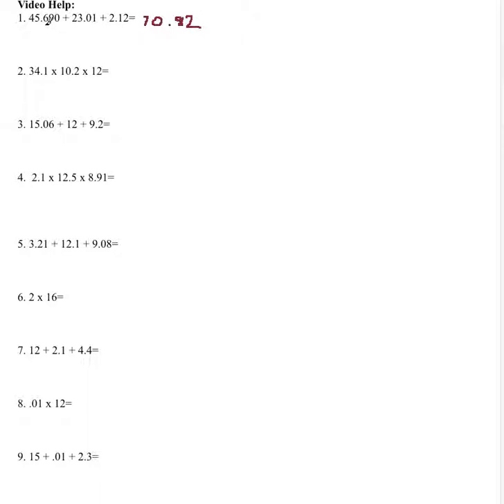So 45.690 has 1, 2, 3 decimal places. This has 1, 2. 2.12 has 1, 2. So my final answer needs 2. So actually, funny enough, this is the correct answer, so I don't actually have to round it.